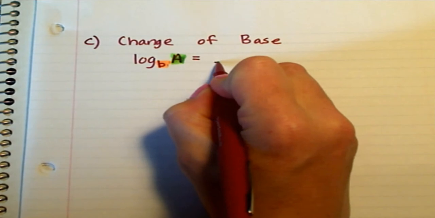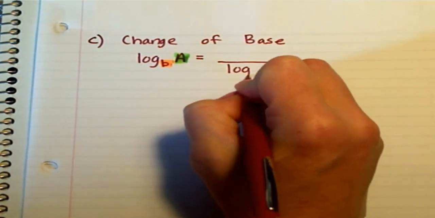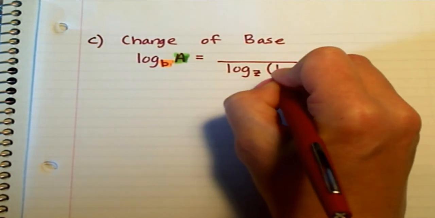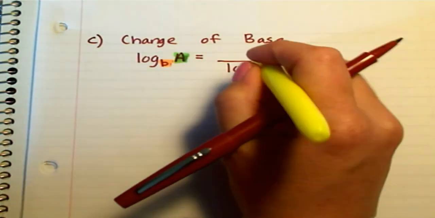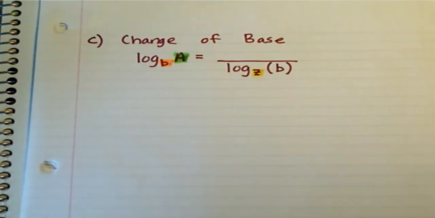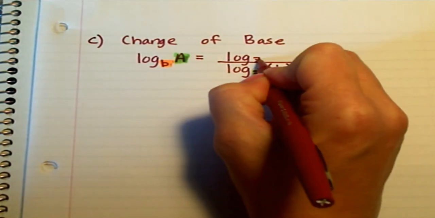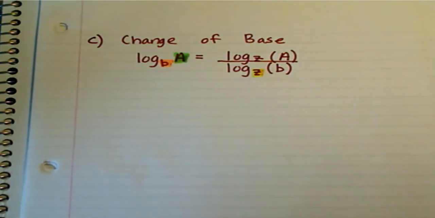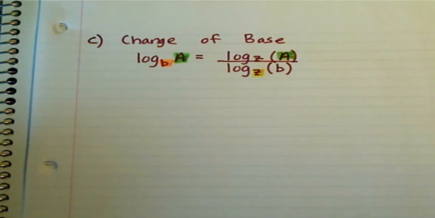I'm going to draw a fraction. And on the bottom, I'm going to write log base Z of B. Notice that this is a base Z. It's a new base. Pull it out of your head, okay? And on the top, this is going to go log base Z of A. So let's look at the location of all of these new pieces.